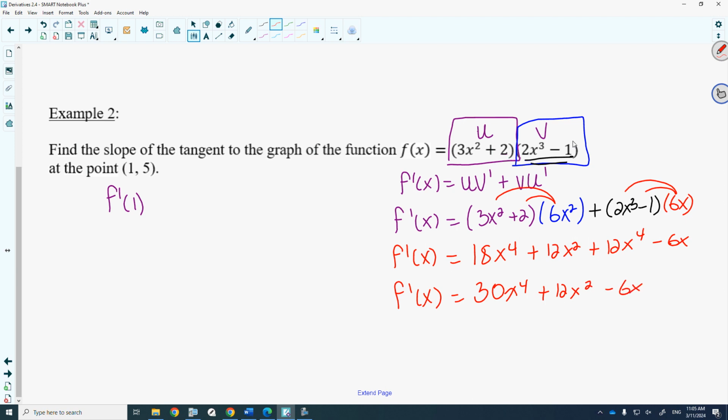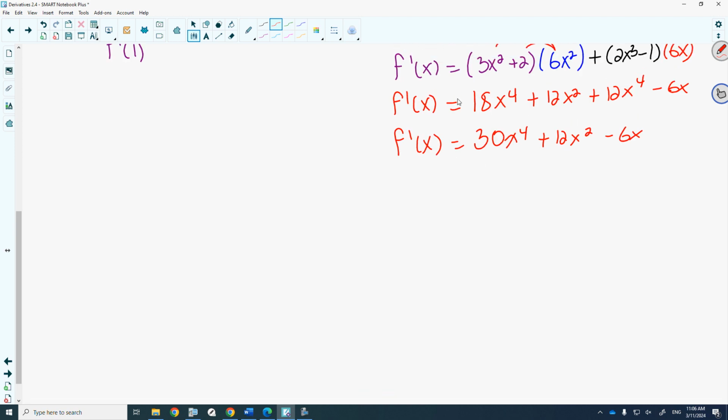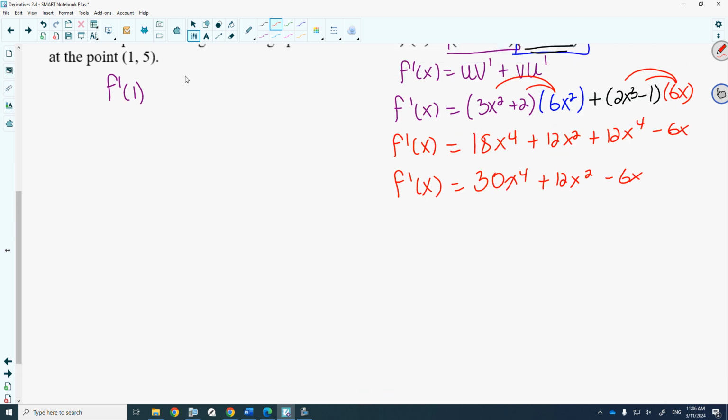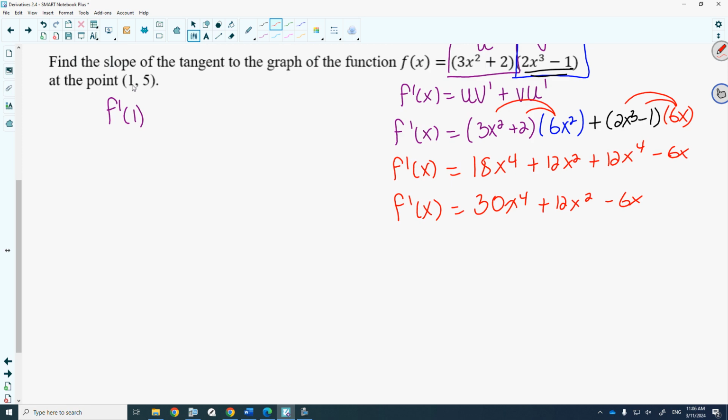Okay, so this is the general equation for the derivative, which basically means I could plug any x value in for x and I could find the slope at that point. They want the slope though when x is 1.